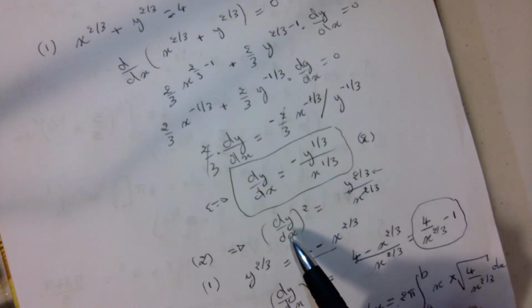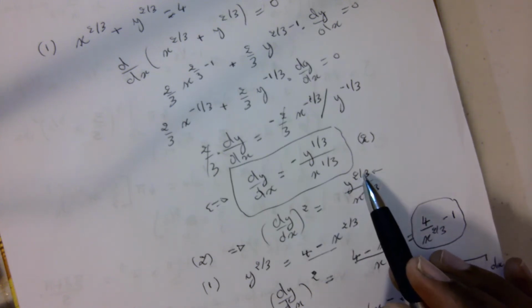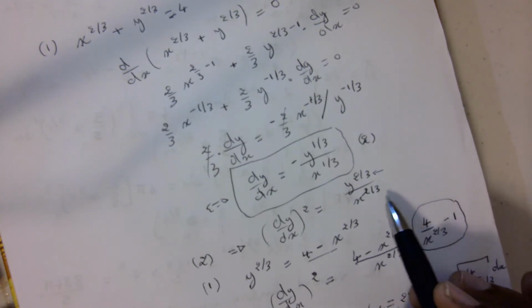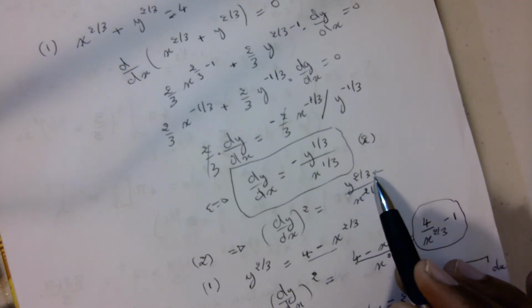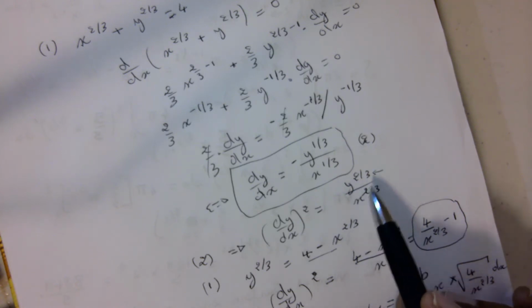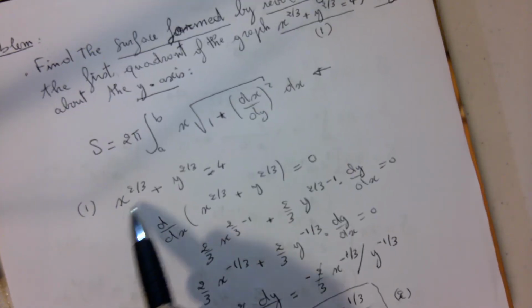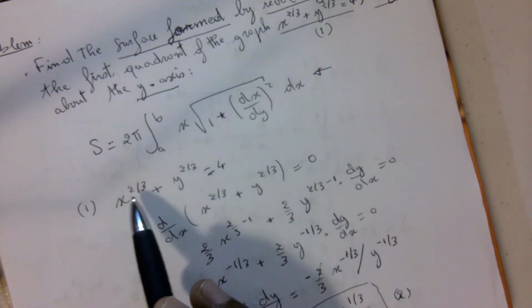Squaring both sides gives us (dy/dx) squared, which is equal to y to the power 2/3 over x to the power 2/3. We recognize this expression of y to the power 2/3. You know that from equation 1, you can derive y to the power 2/3, which is equal to 4 minus x to the power 2/3.